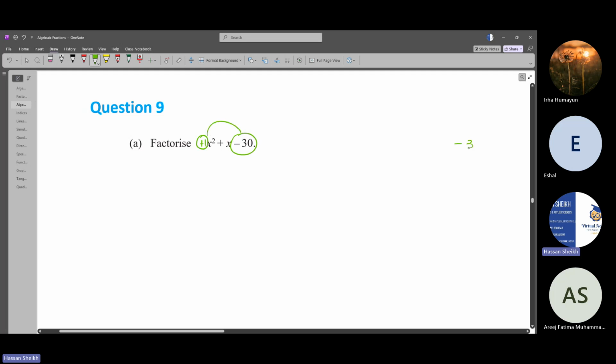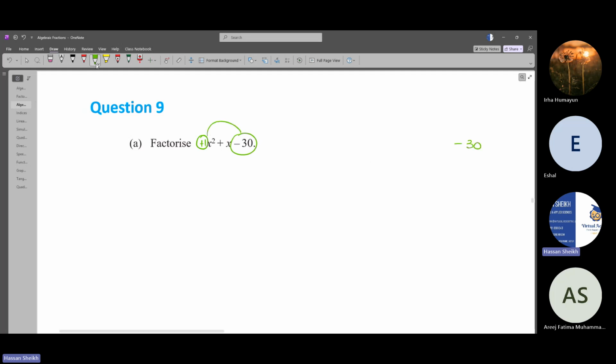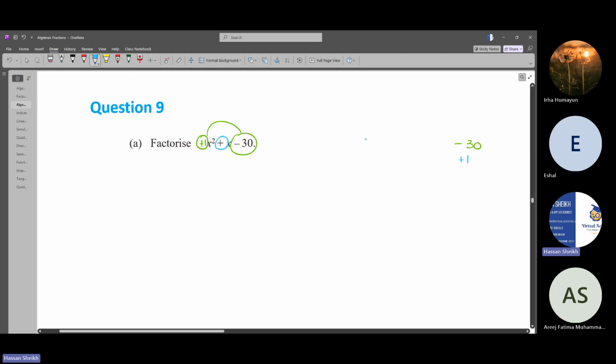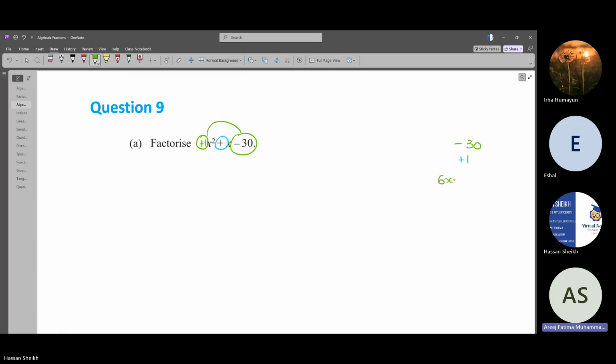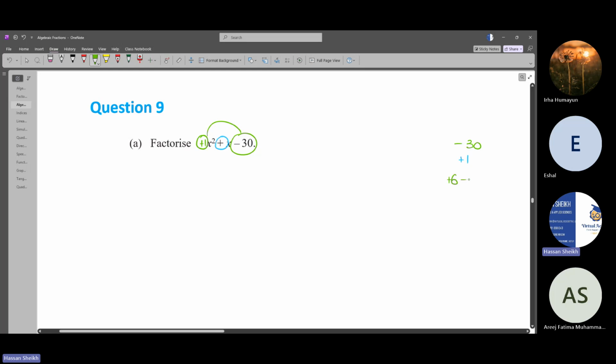So we need to find two numbers that will give you -30 when multiplied and +1 when added. Do you have any two numbers? What about 6, 30 and 1? No, no, no, no. 5 and 6. 5 and 6. Very well done. 5 and 6 means +6 and -5.